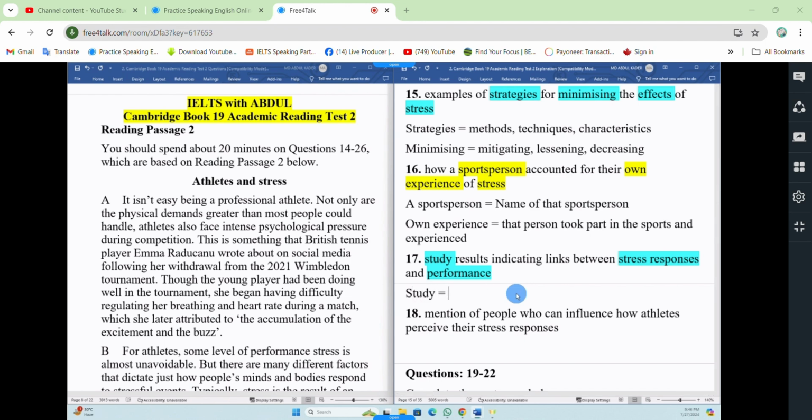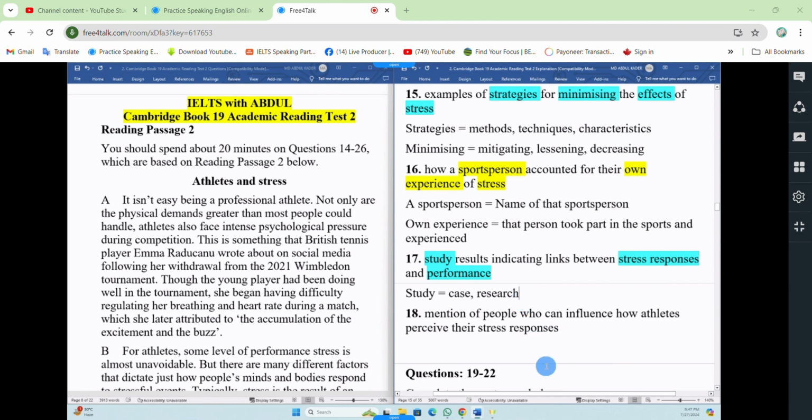So instead of study, what kind of words are we going to have? Instead of study we may find the word case, or research. Research is also a word instead of study.